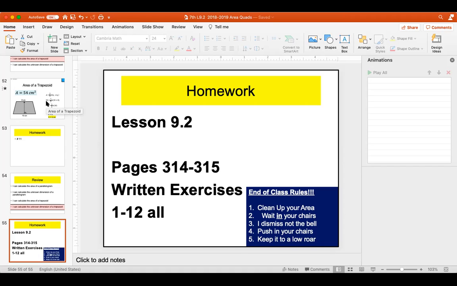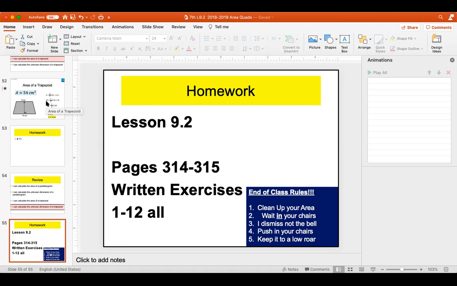The only difference with a triangle is it's base times height divided by 2. Okay, and squares, rectangles, and parallelograms are just base times height. And then the area of a trapezoid is base plus base, times the height. Yeah, base 1 plus base 2 times the height divided by 2.